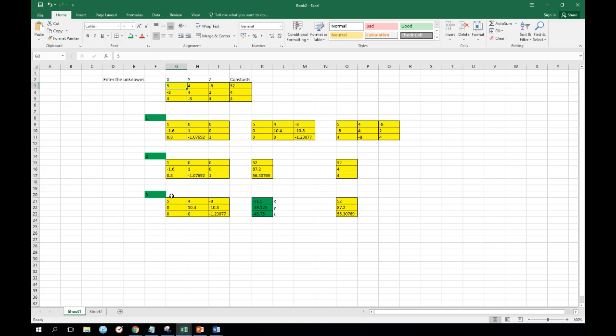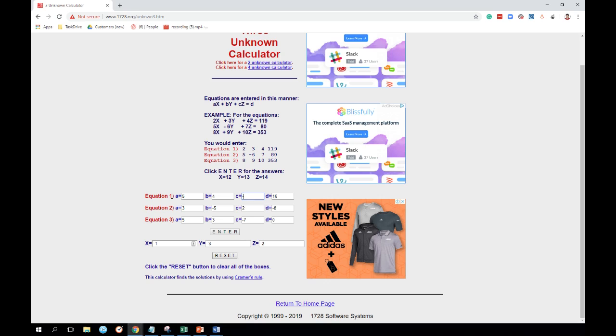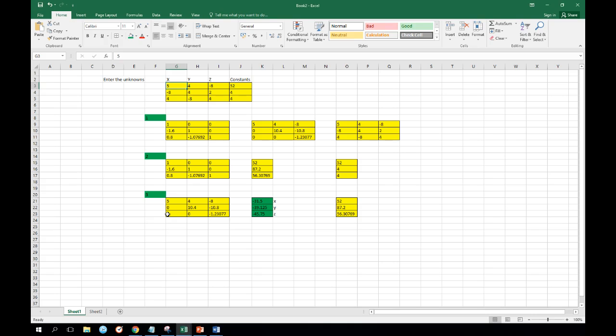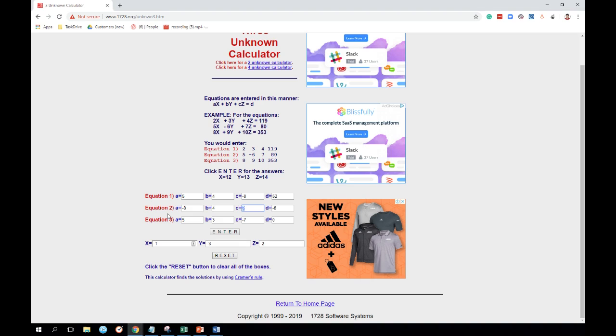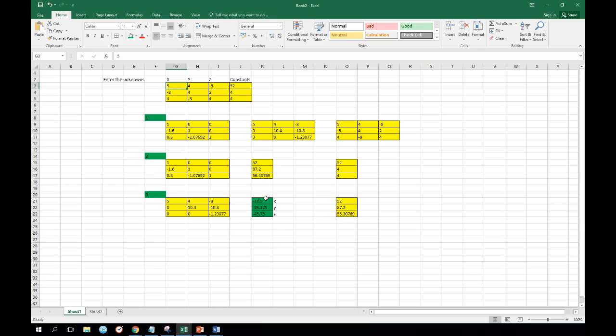So this is 4, 5, 4, negative 8, this is 52, it's negative 8, this is 4, 2, and then 4, this is 4, then negative 8, then 4, and then 4. So let's hit enter. The values are negative 31.5, negative 39, and negative 45. So we found the same answer.